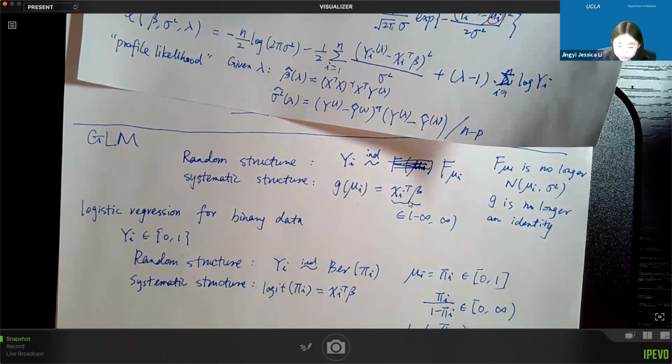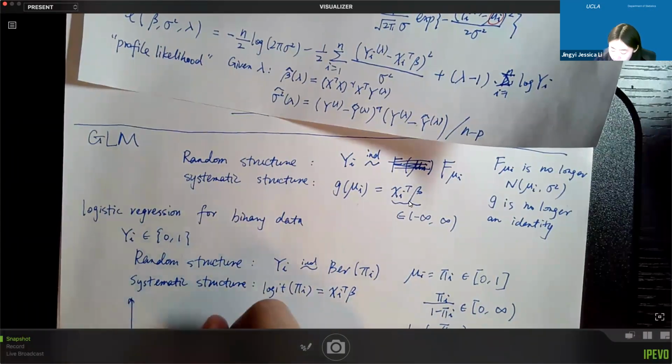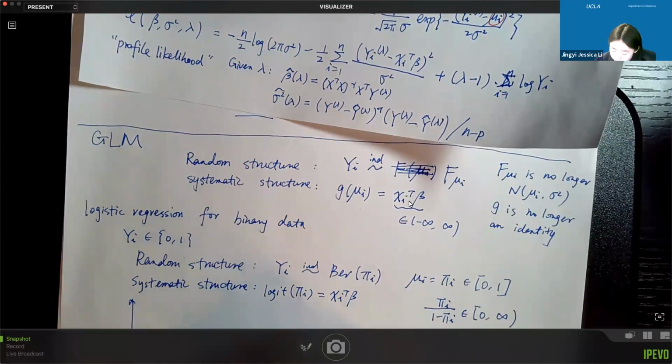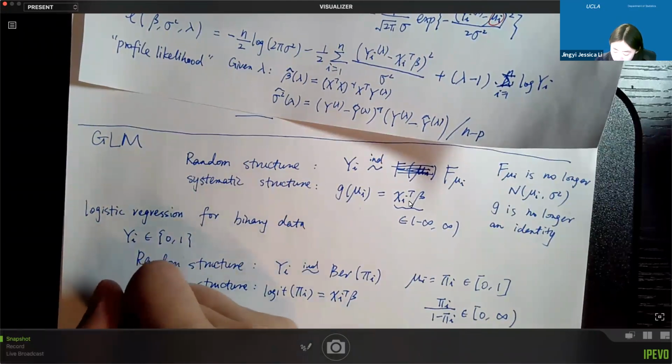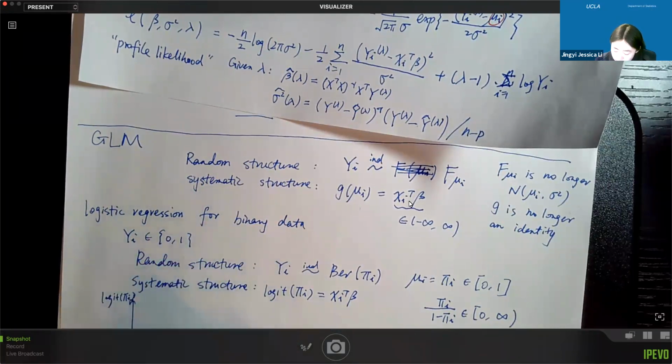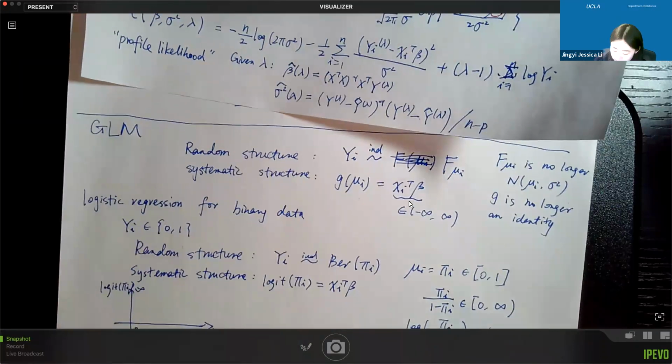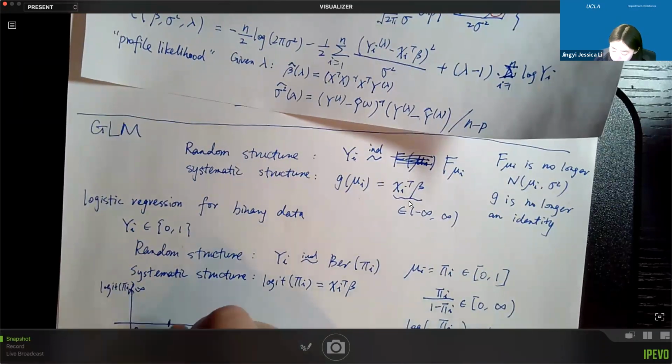And for the logit function itself, we can give you a visualization to help you understand. So let's say that this is 0 to 1 for pi I. The y-axis is logit pi I. It goes from positive infinity to negative infinity. So the logit function will look like this. When pi I is equal to 0.5, the logit function is 0.